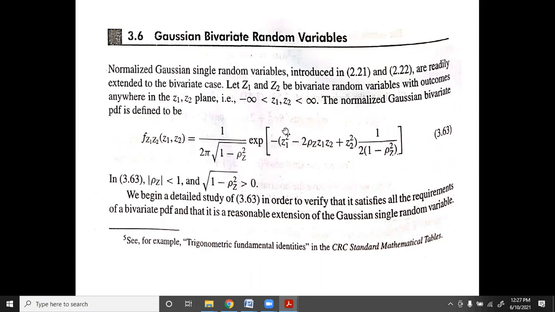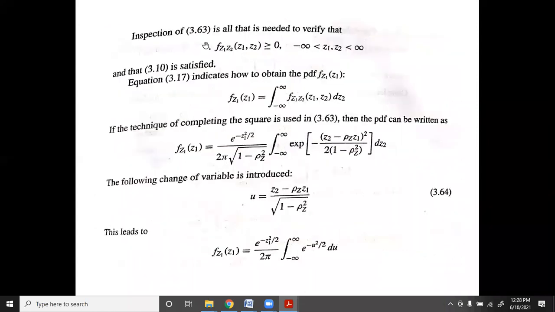A quantity less than infinity with a minus as the coefficient will always give something greater than 0. So on the whole, this quantity will be greater than 0, and that is indicated here: f of Z1, Z2 is always greater than or equal to 0.